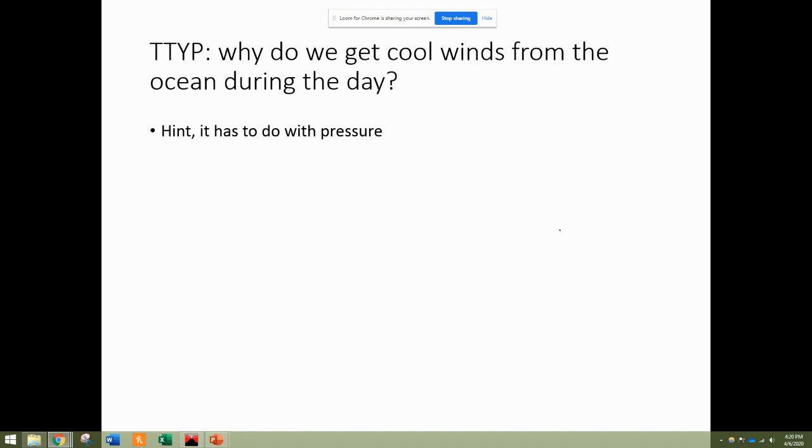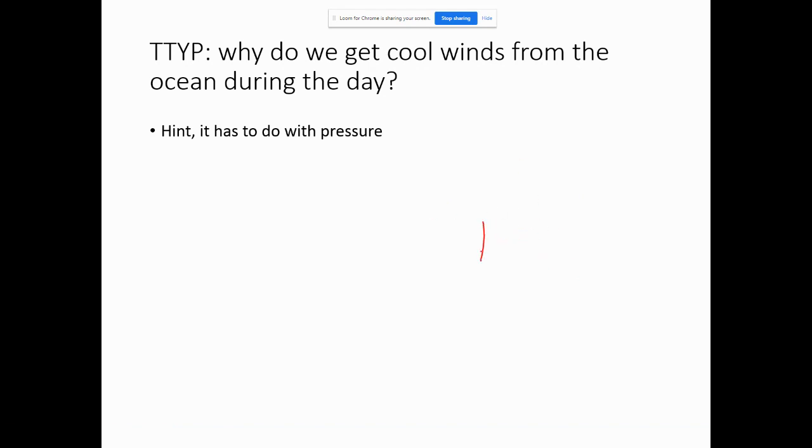So cooler air tends to be associated with high pressure. So if we have water here, right? And then land, so this is cooler. So high pressure going to a low pressure because this is warmer.